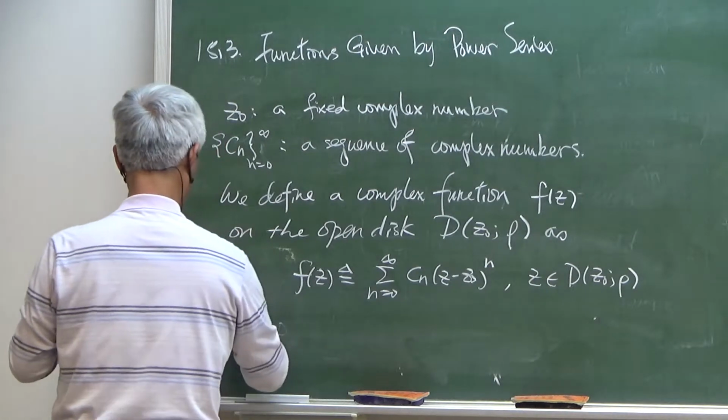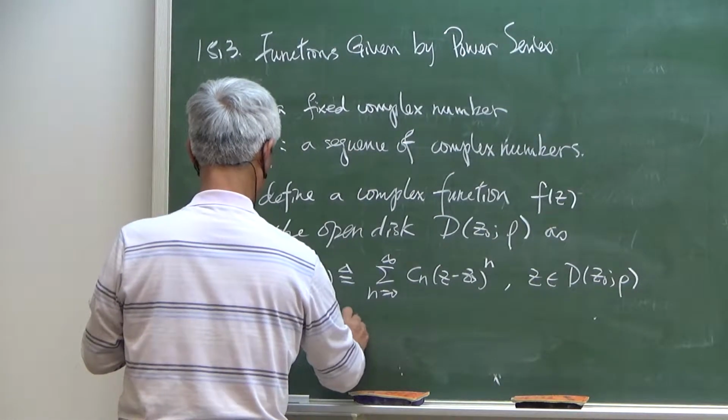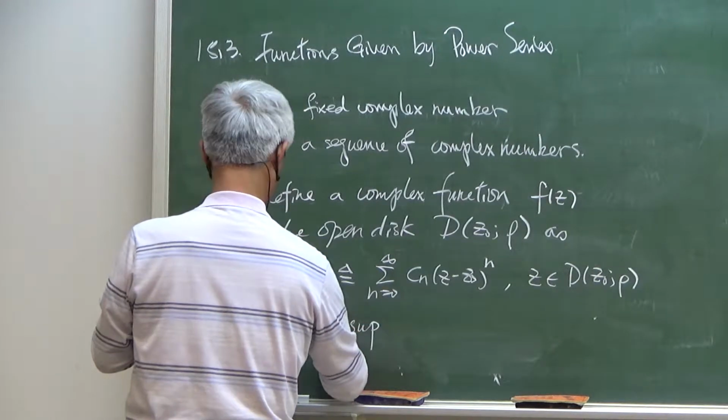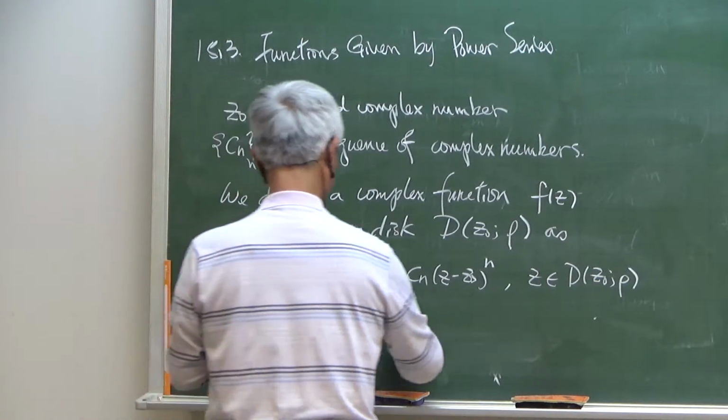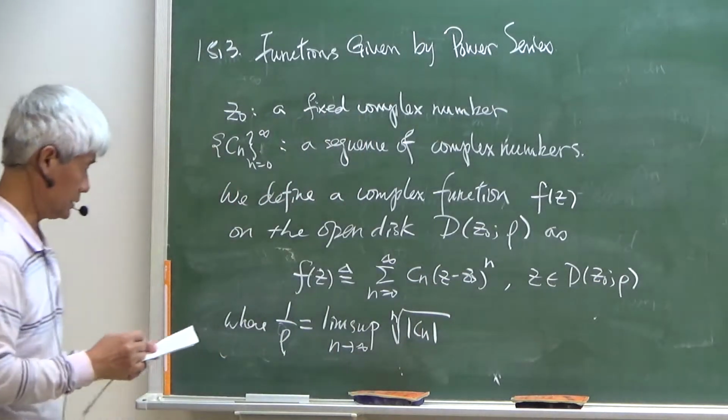Here rho is the inverse of the limsup of the nth root of the absolute value of the coefficient.